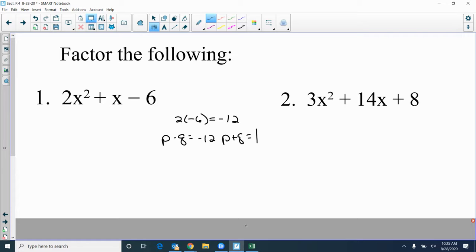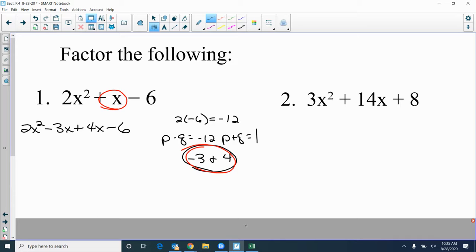And that's the whole key. You got to find those 2 numbers. Well, what are those 2 numbers? What multiplies to negative 12 and adds to 1? Negative 3 and 4. And now you take those 2 numbers and they basically replace your middle number. So you take the 2x squared and we make it minus 3x plus 4x minus 6.